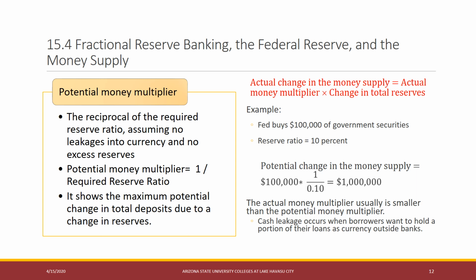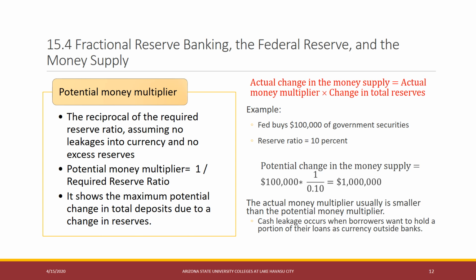So the potential multiplier is equal to 1 divided by the fraction of the transaction deposits that the banks hold as reserves. Here in this example, the reserve ratio was 10%, or 0.10 expressed as a decimal fraction. Thus, the value of the potential money multiplier was equal to 1 divided by 10%, which equals 10.